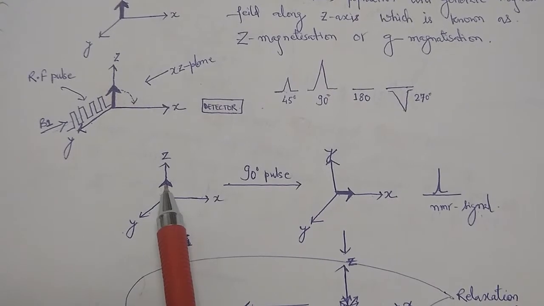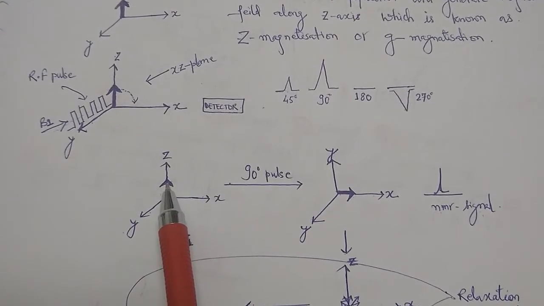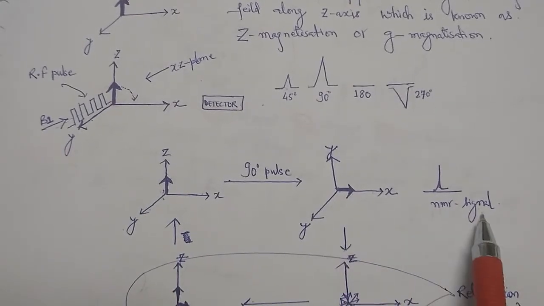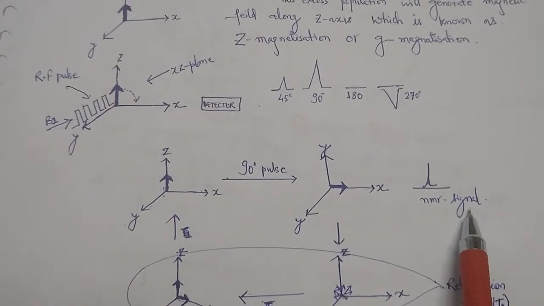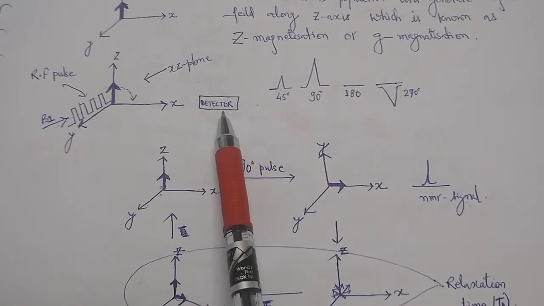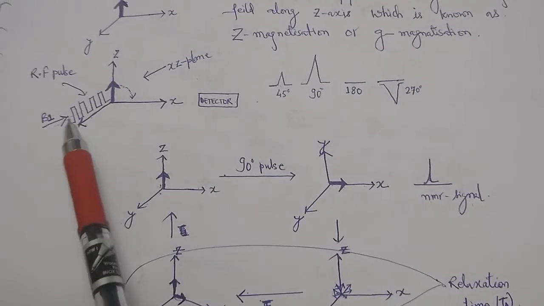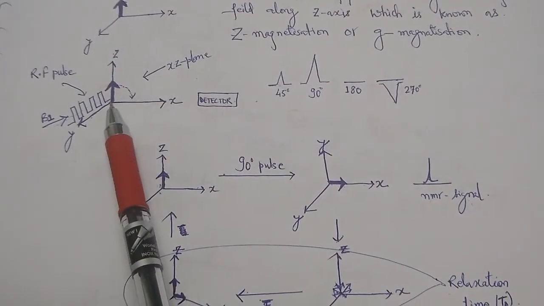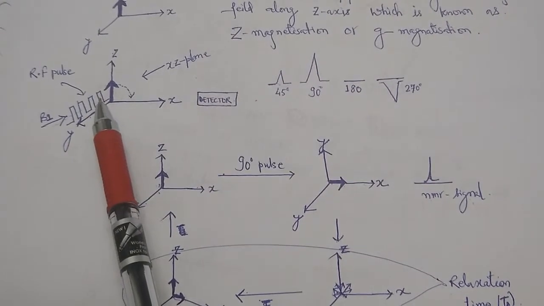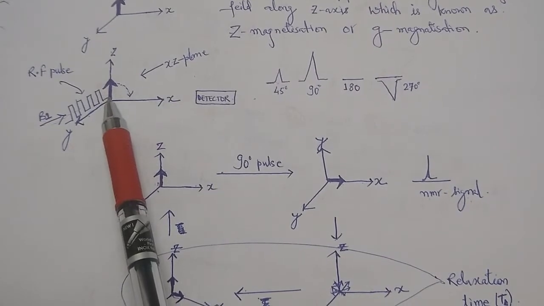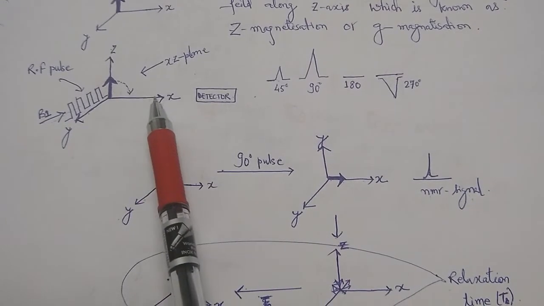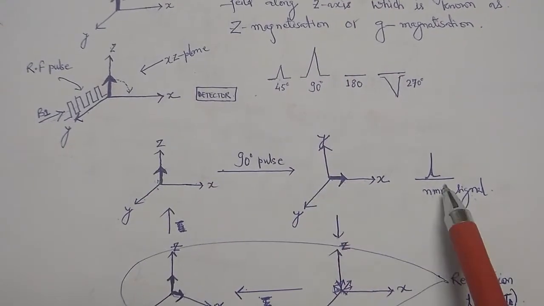As soon as this Z magnetization rotates and reaches the x-axis like this, we get the NMR signal, since the detector is placed in the x direction. Once this pulse hits the Z magnetization, it will rotate to the x-axis and we get the NMR signal.